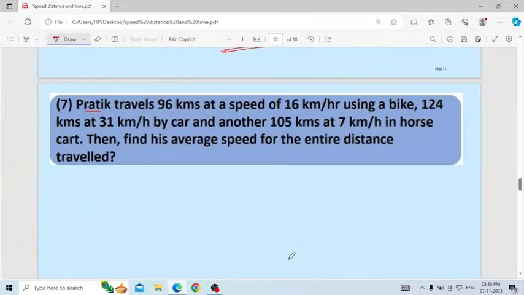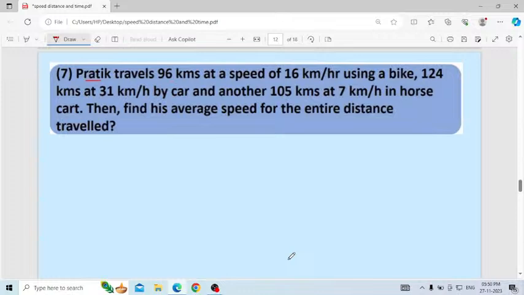Next question, 7th one. Pratik travels 96 km at a speed of 16 km per hour using a bike. Then 124 km at 31 km per hour by car. Another 105 km at 77 km per hour.